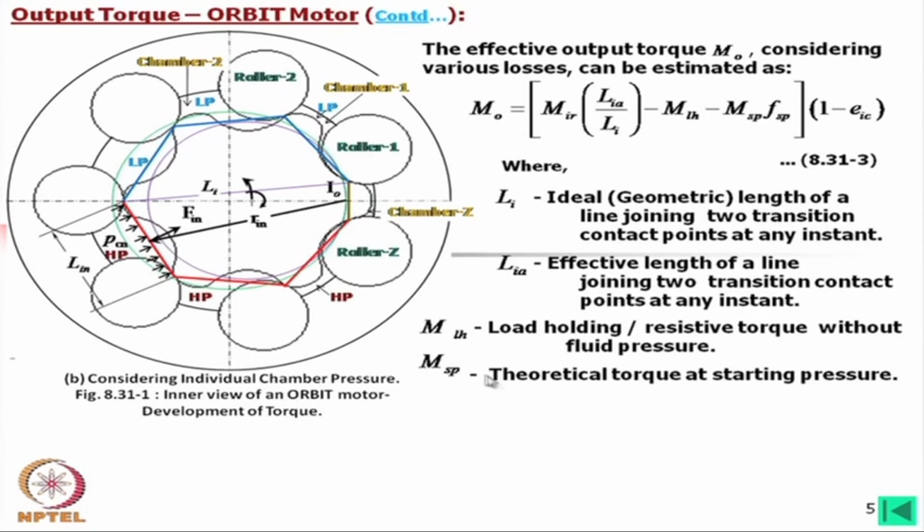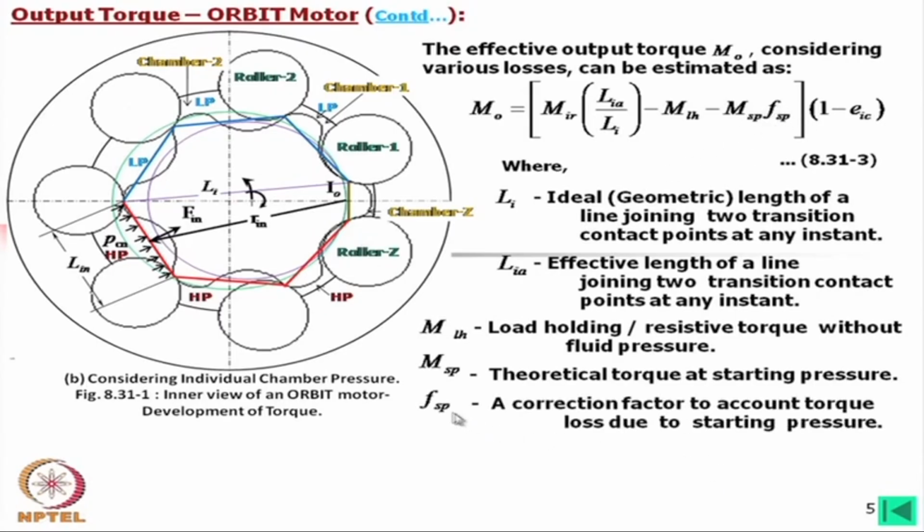But once it starts moving, what will happen? Due to the forces present, there will be friction. So, considering this friction coefficient or correction factor, we have given the name to account for torque loss due to the starting pressure. So, there will be another loss. This means the actual available torque is this much.